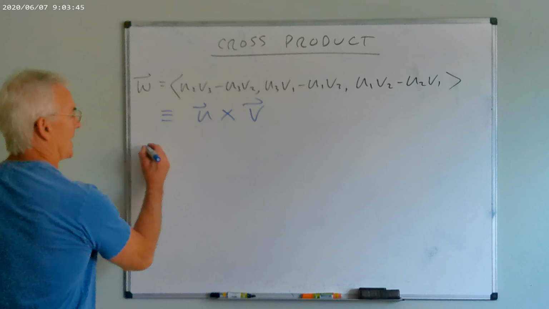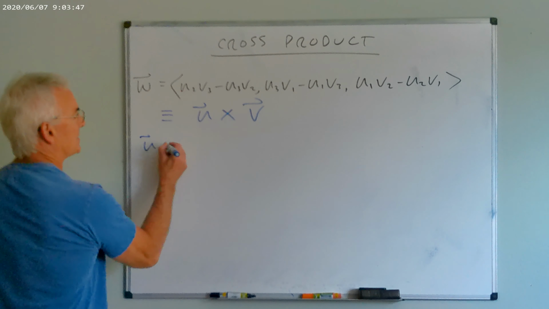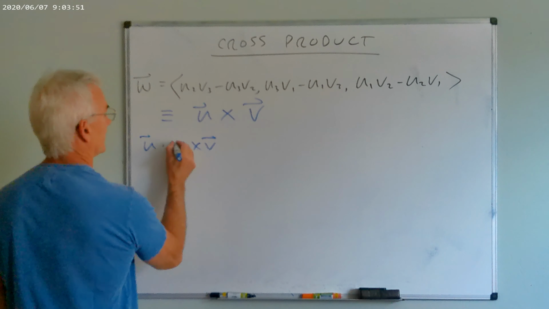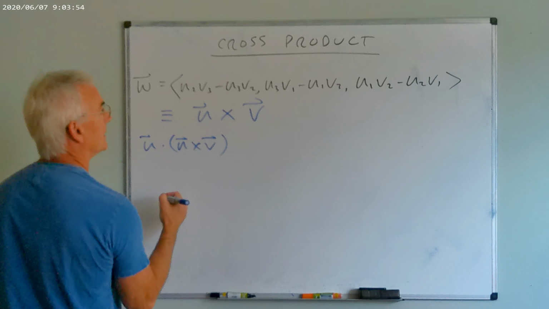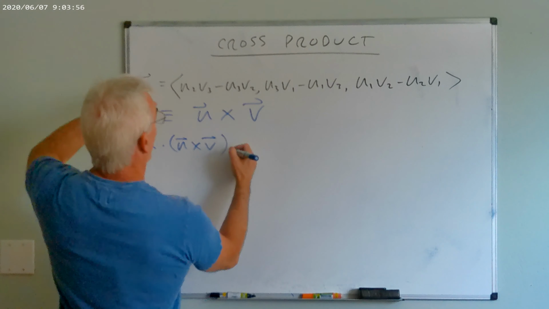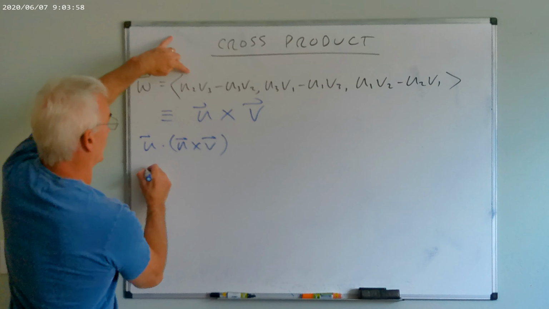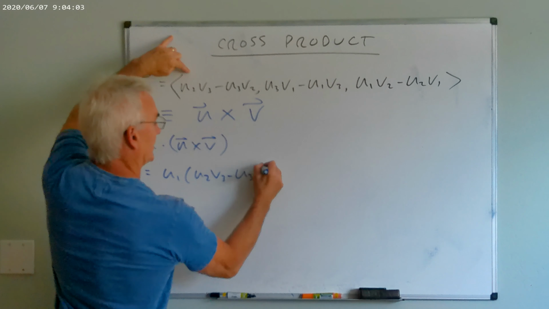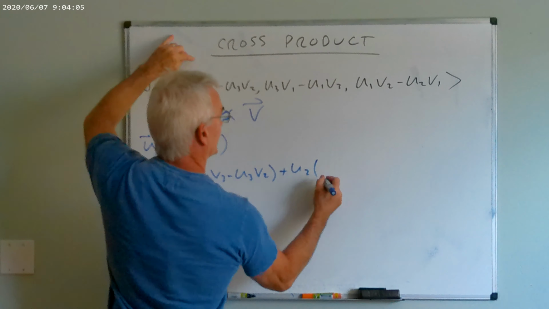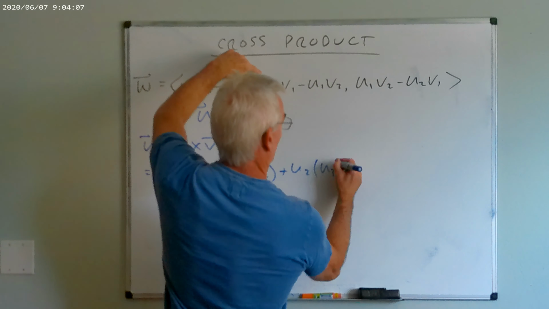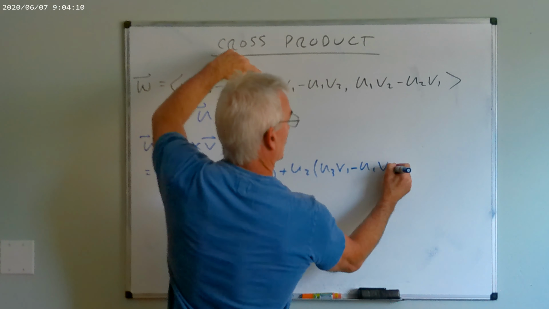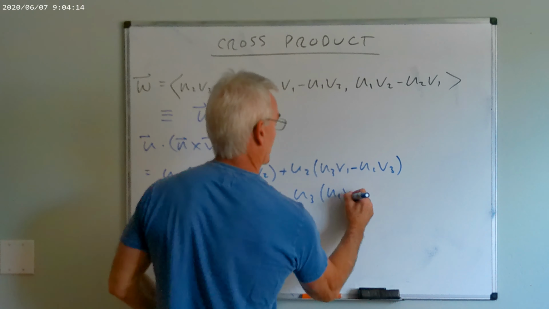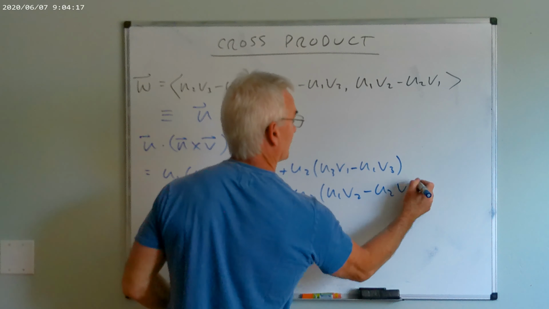Now, to do a quick check, I would like to do U dotted with U cross V, and see what we get. If U is U1, U2, U3, then this result would be U1 times (U2 V3 minus U3 V2) plus U2 times (U3 V1 minus U1 V3) plus U3 times (U1 V2 minus U2 V1).